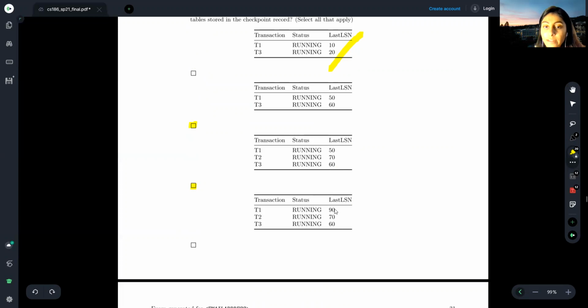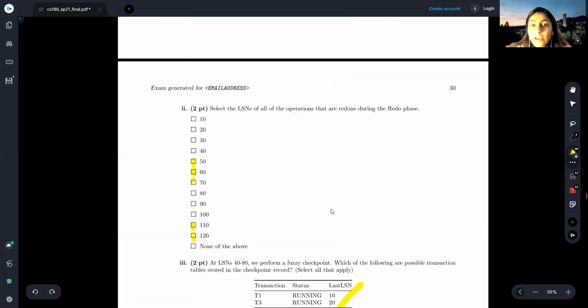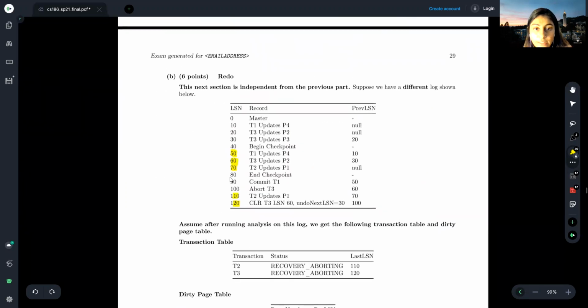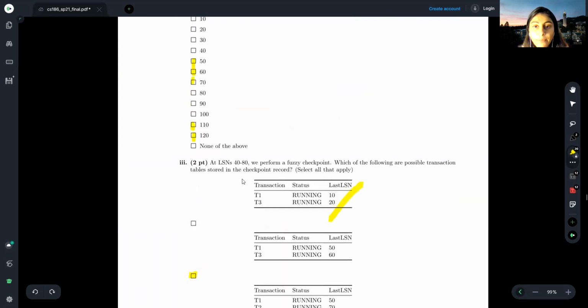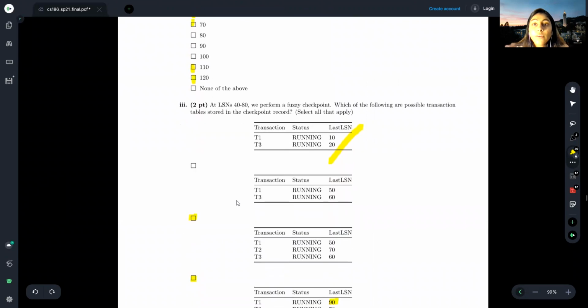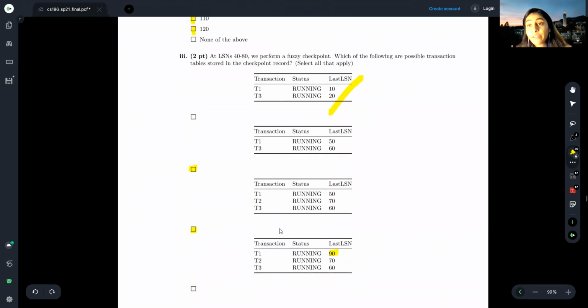The problem with this particular option is this last LSN of 90. Notice that the end checkpoint is at LSN 80. So we would expect that the transaction table here would not have any LSNs greater than that end checkpoint value of 80. Because of this LSN 90, we would eliminate this option. So the only 2 viable ones are the middle 2 options.